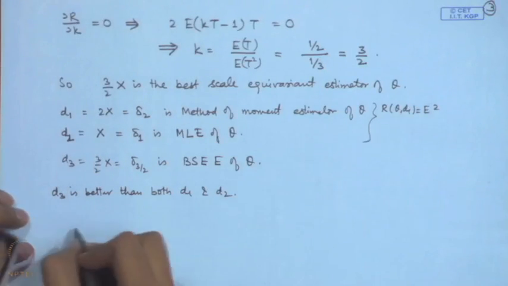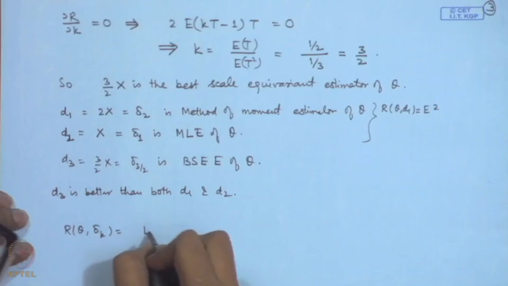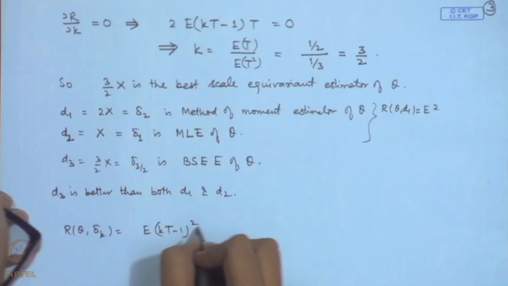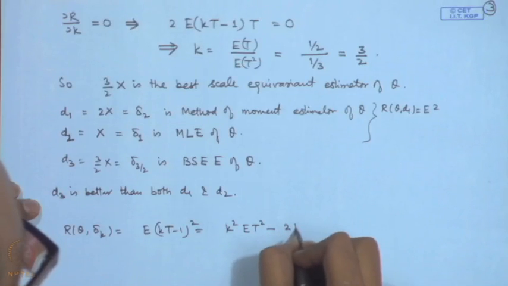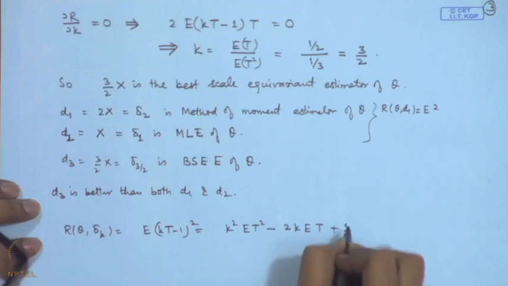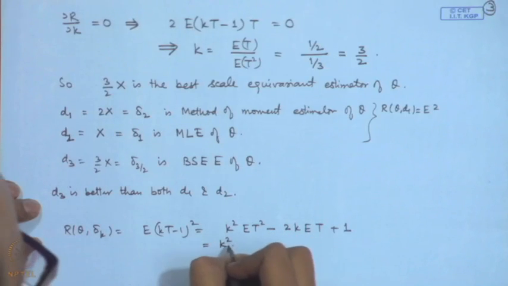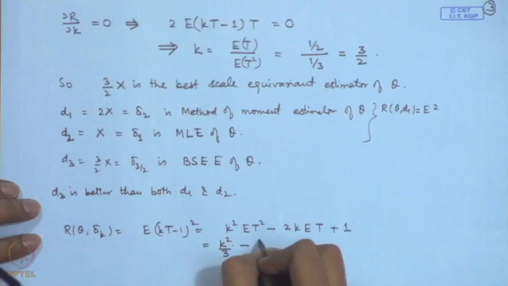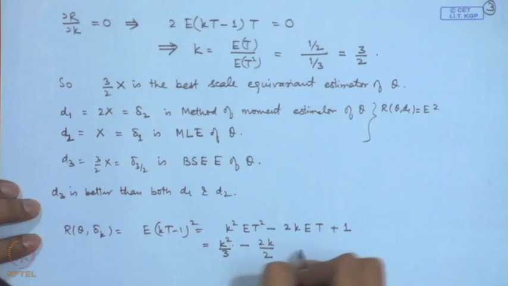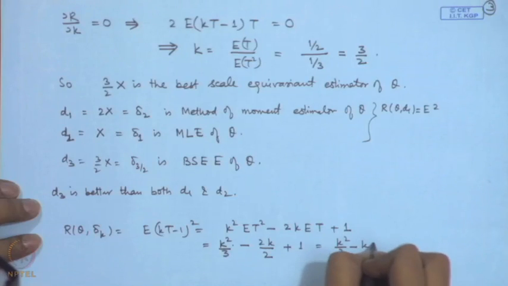We can calculate the risk function of delta k, that is expectation of (k t minus 1) square, that is equal to k square expectation of t square minus twice k expectation of t plus 1, that is equal to k square into 1 by 3 minus twice k into half plus 1, that is equal to k square by 3 minus k plus 1.